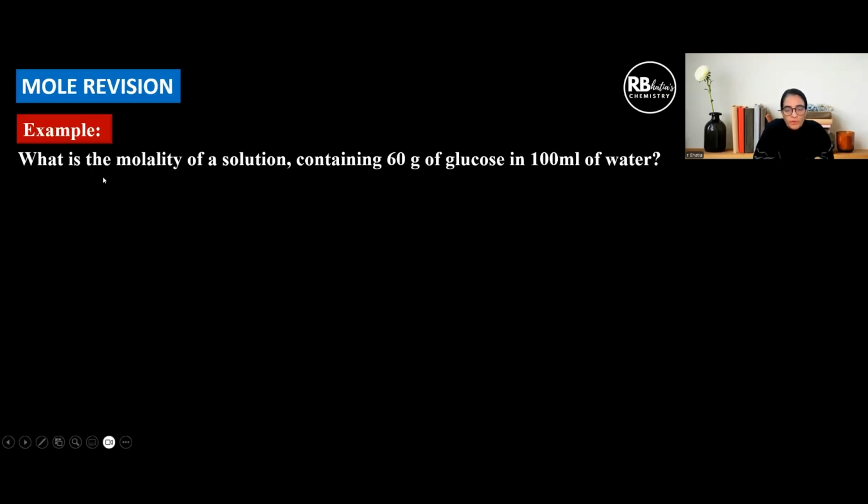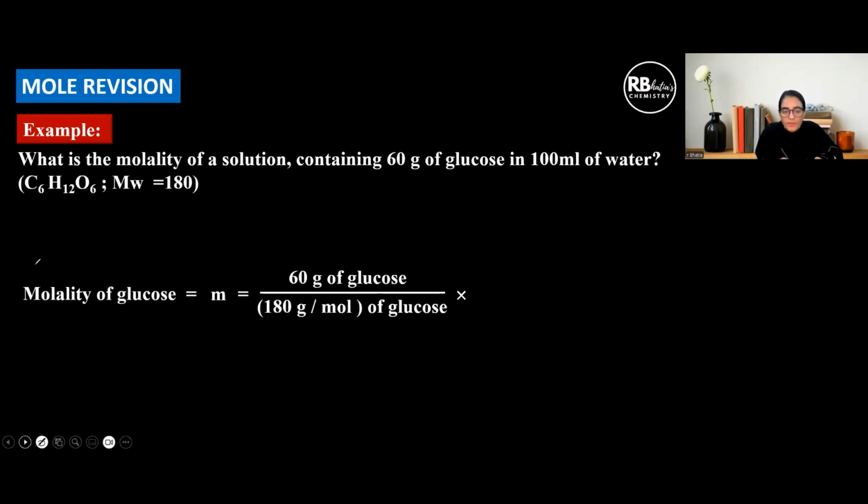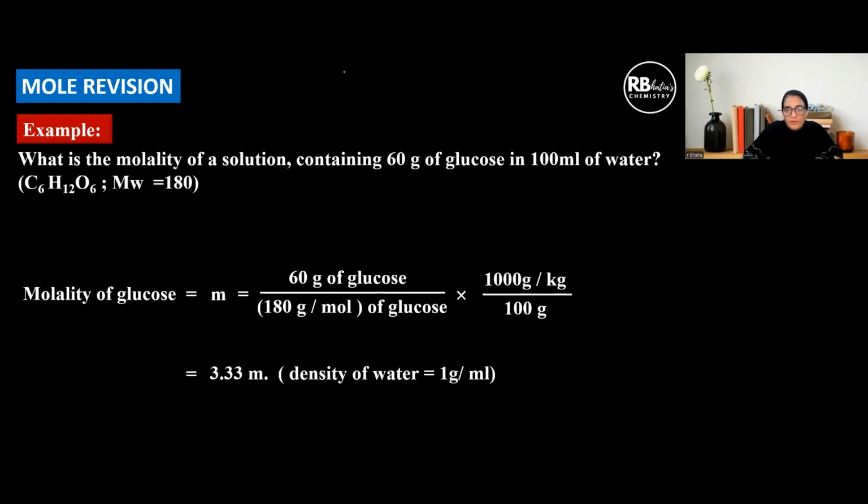Next type of question: what is the molality of a solution containing 60 gram of glucose and 100 ml water? Molality is asked and volume of water is given. So molality is simply given mass upon molecular mass, that means number of moles, divided by 100 gram upon 1000. 60, the given mass upon molecular mass, is going to give us moles of glucose.